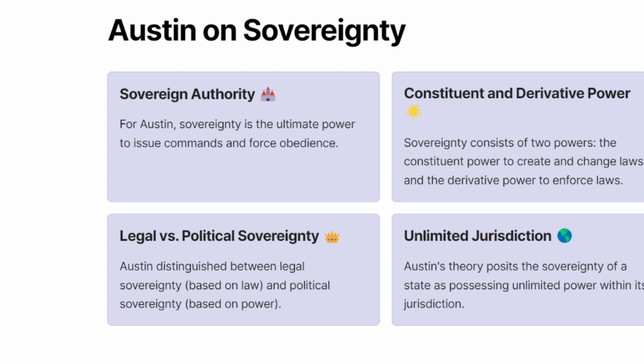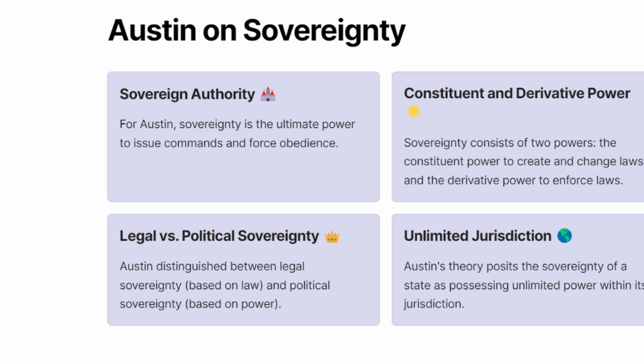What does it mean? It means that according to Austin, the public are dependent on the sovereign, the ruler. People are subject to the ruler. They have to follow the instructions of the ruler.